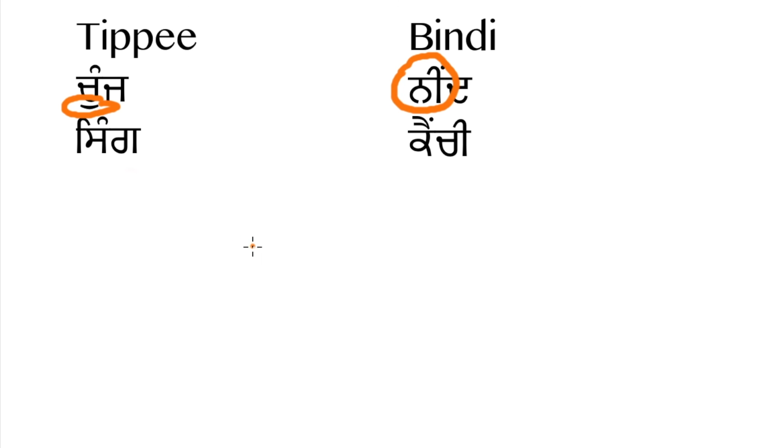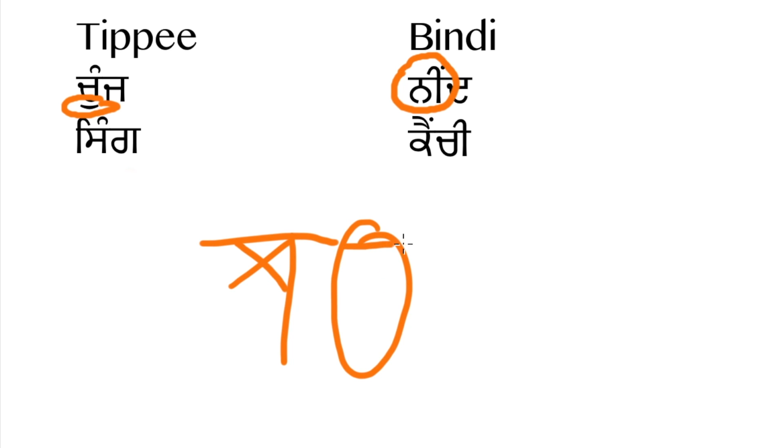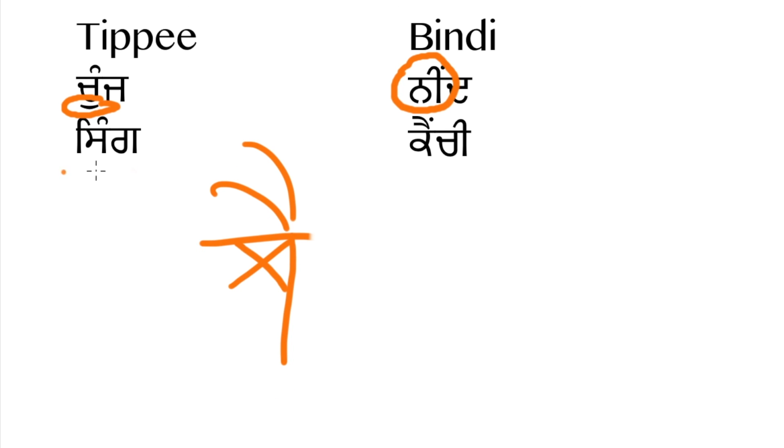If we have anything to the right, be it a kanna or a bihari, and anything on top, be it the lavaa or a lavaa on its own, or be it a hora or a kanaura, we have to use a bindi.